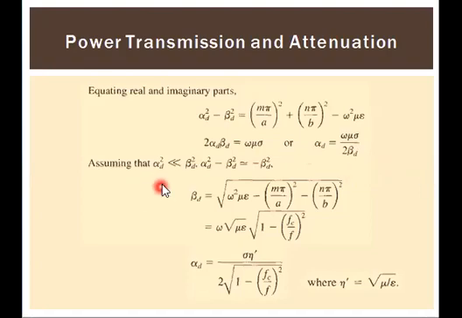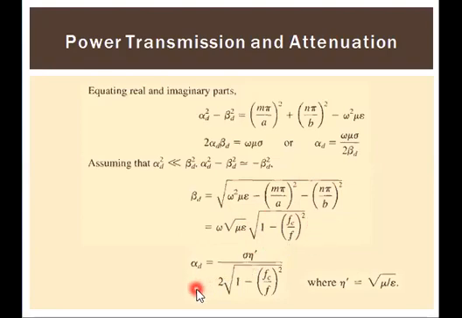Now, if we assume that alpha d square is less than beta d square, and alpha d square minus beta d square is almost equal to minus beta d square, then beta d equal to root over omega square mu epsilon minus m pi by a whole square minus n pi by b whole square, that is equal to omega root over mu epsilon root over 1 minus fc by f whole square.